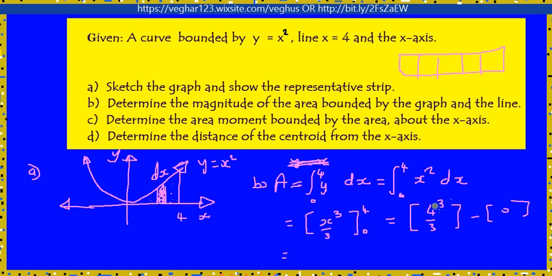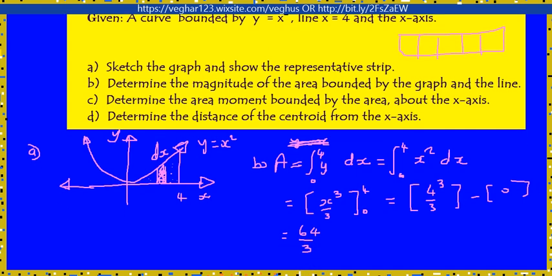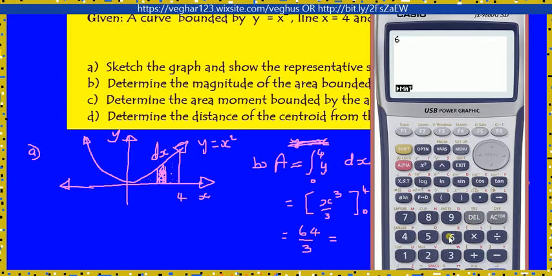Then 4 cubed is 64. 64 divided by 3, let's use a calculator.